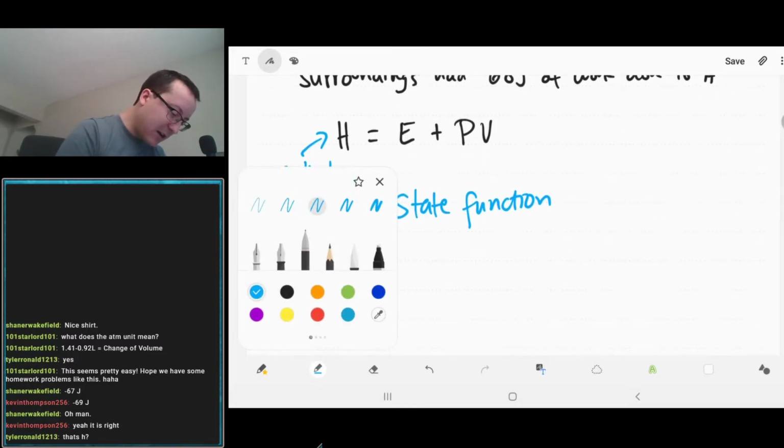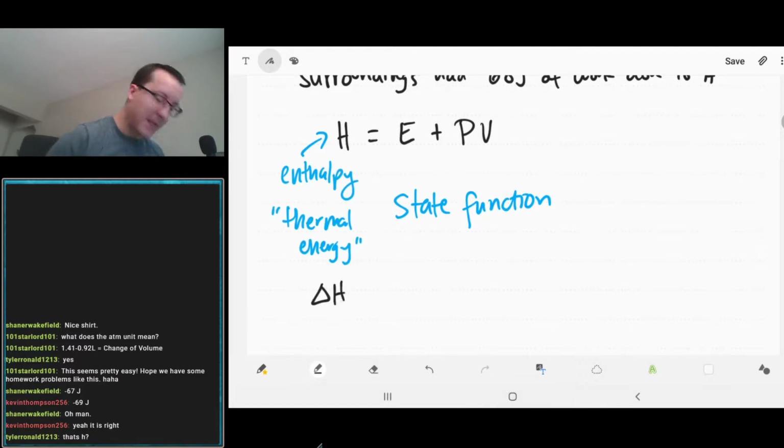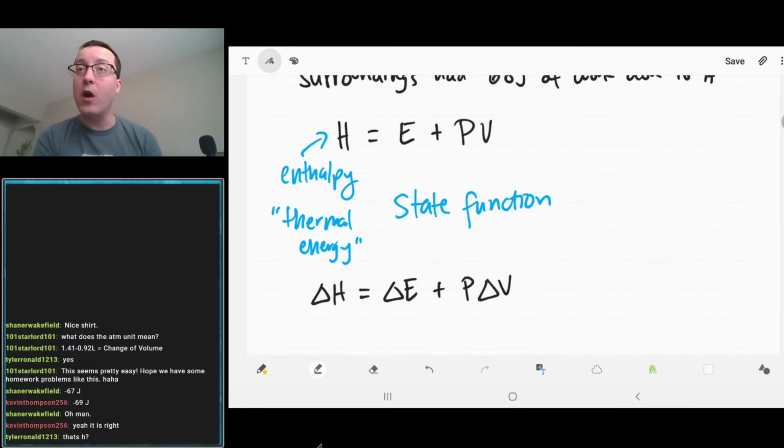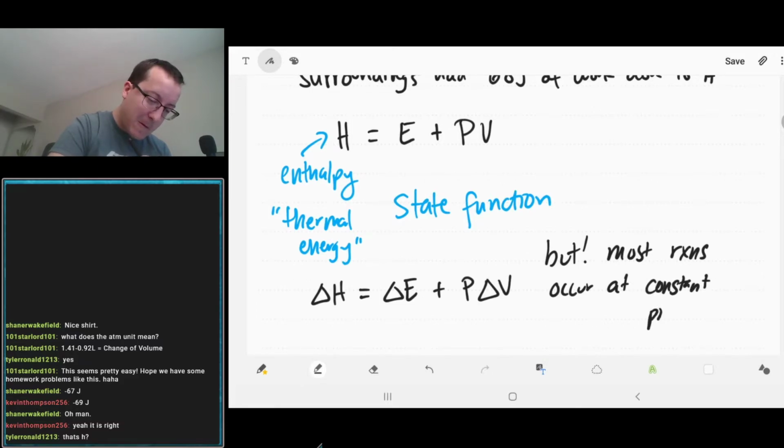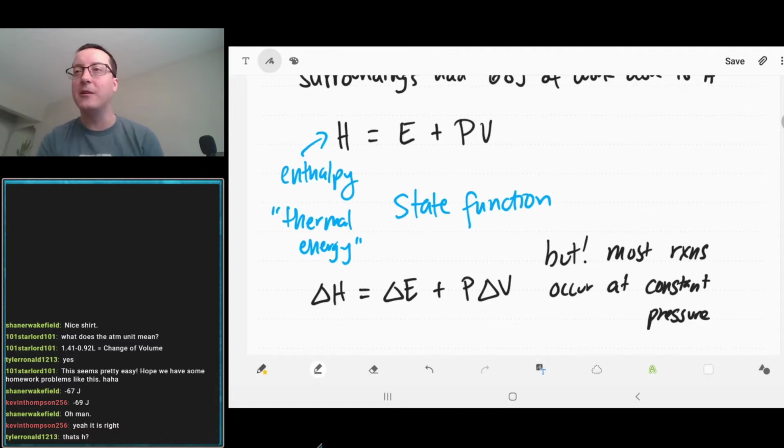We often now talk about the change in enthalpy, which is going to be represented by delta H. The change in enthalpy will therefore be the change of the internal energy and technically the change of pressure and volume, but most reactions occur at constant pressure, because most things are taking place within the atmosphere.